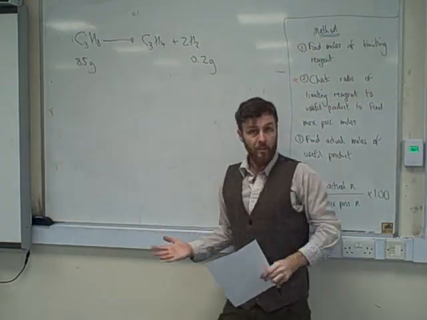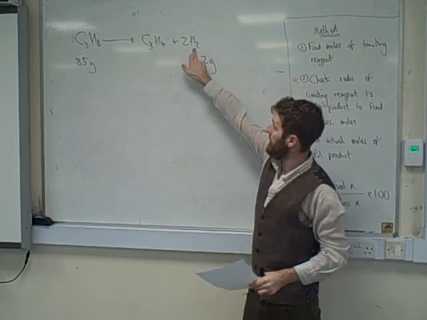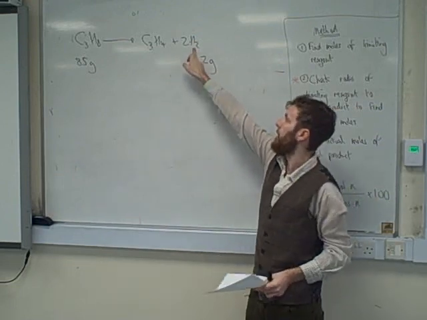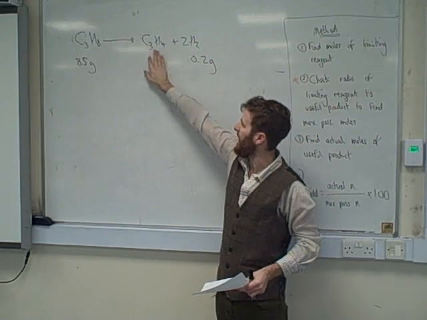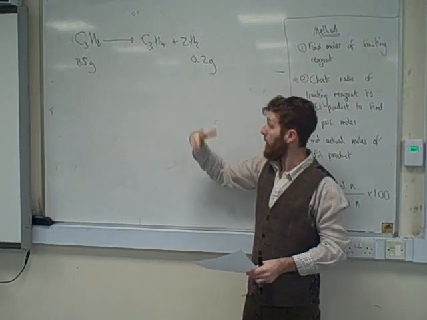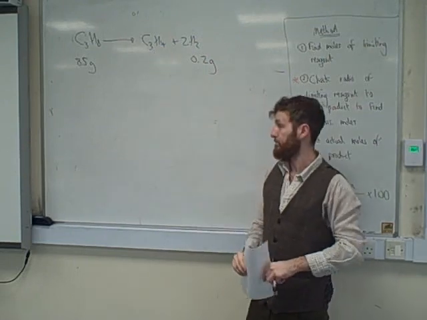Okay, so pause the video now, have a little crack. This is the desired product. Let's say we're trying to make some hydrogen gas, so we can kind of ignore this a little bit. Try and figure out what the percentage yield is.